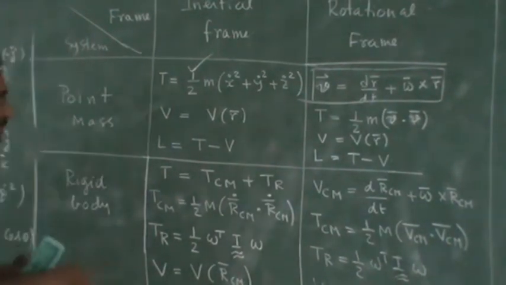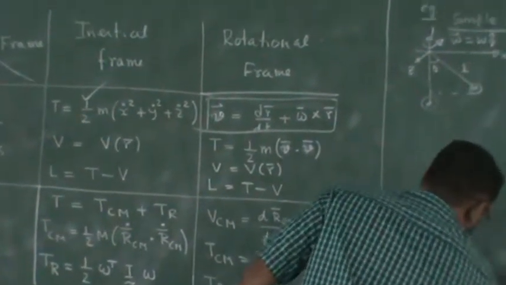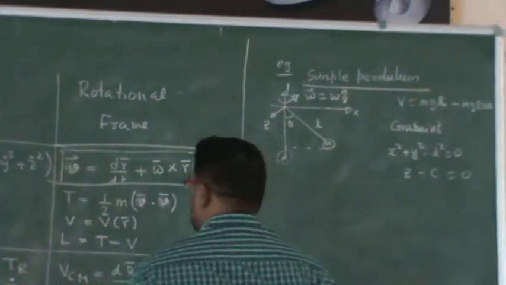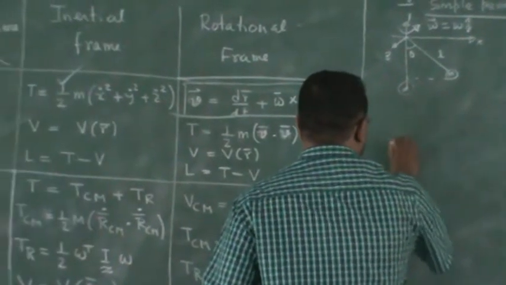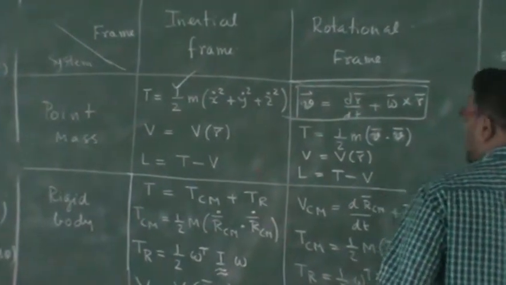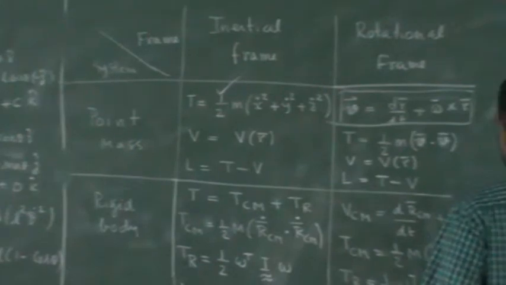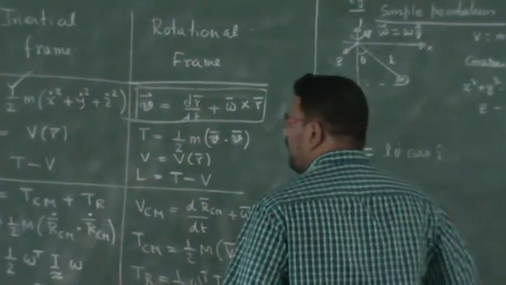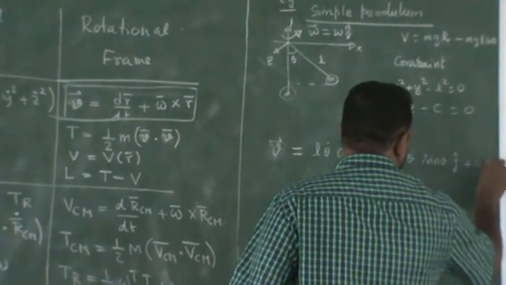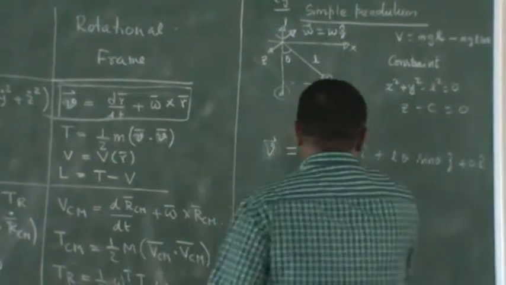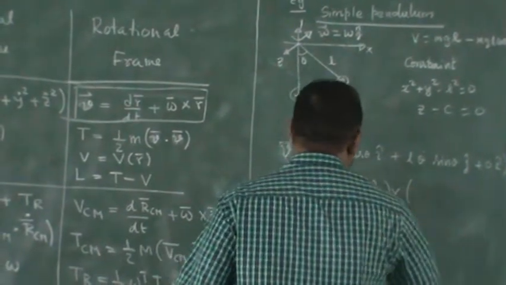So I am going to substitute to get the kinetic energy. The velocity v is equal to dr by dt, which is L theta dot cos theta i plus L theta dot sin theta j plus 0 k, plus omega j cross the r vector.